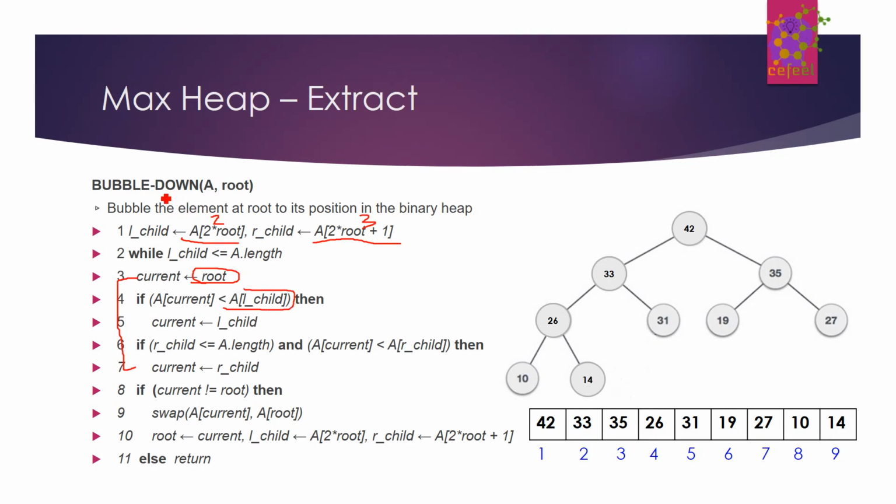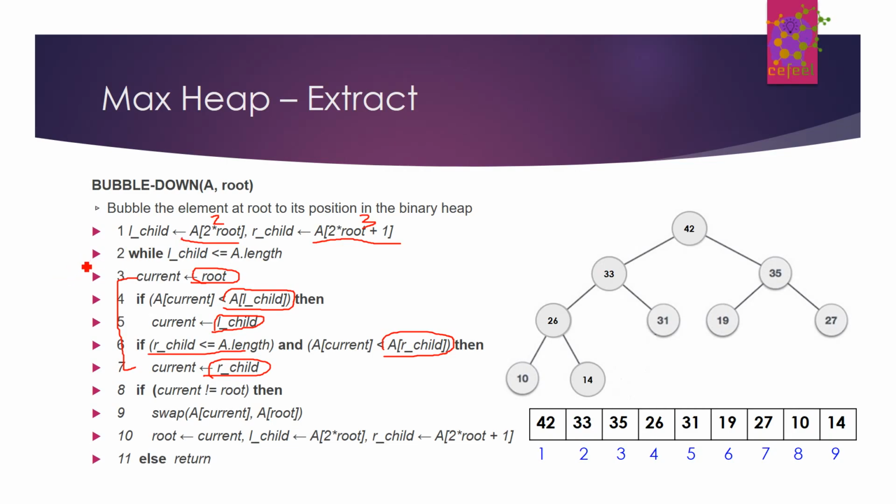If the left child is greater, then we say the current is actually the left child. Similarly, we check if the right child is valid and the right child is greater than the current node. If so, we assign current as the right child. So during this process, current will point to the maximum of the 3 elements: the root, left child and the right child.